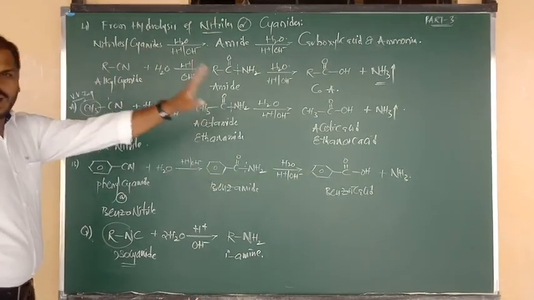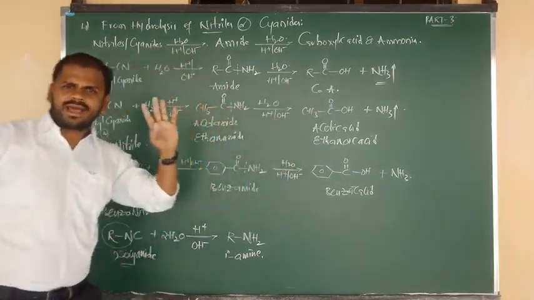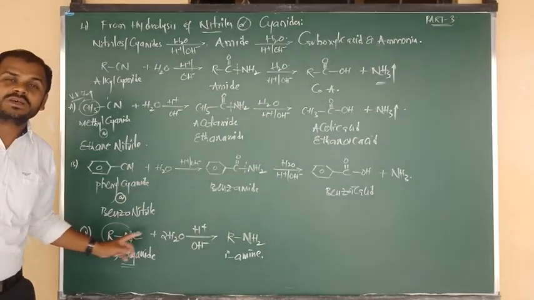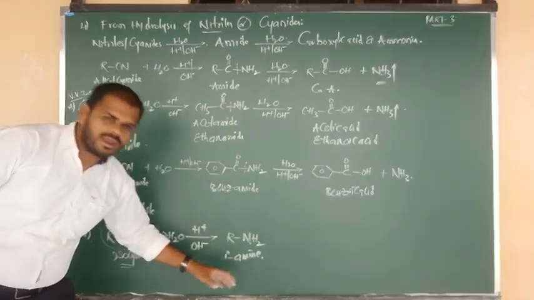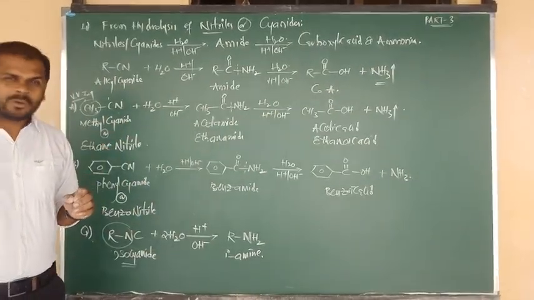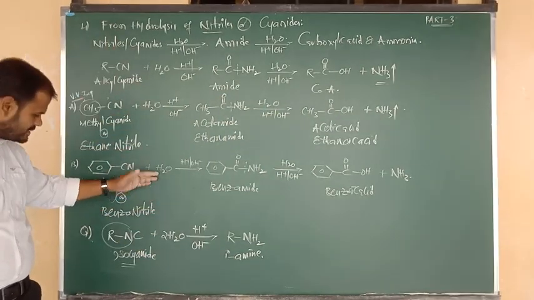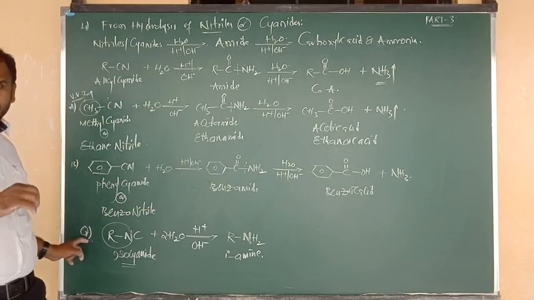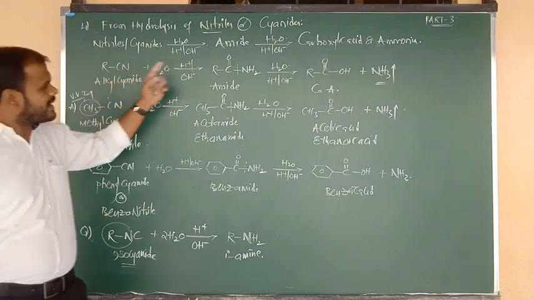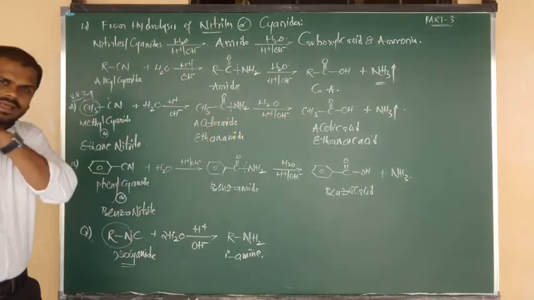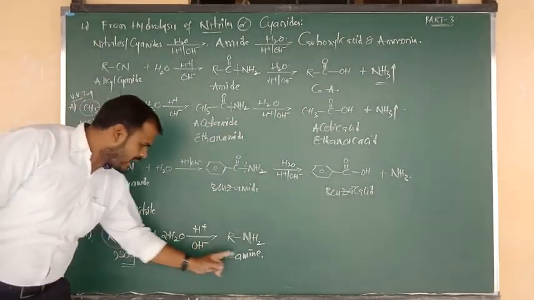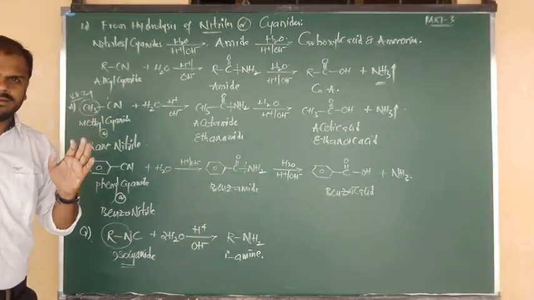So cyanides upon hydrolysis give finally carboxylic acids, but isocyanides upon hydrolysis give primary amines. Okay, now beta. That's why here I am not considering it in properties. Just in the form of a special case I am telling you, because cyanides upon hydrolysis give finally carboxylic acids, and isocyanides upon hydrolysis give finally primary amines.